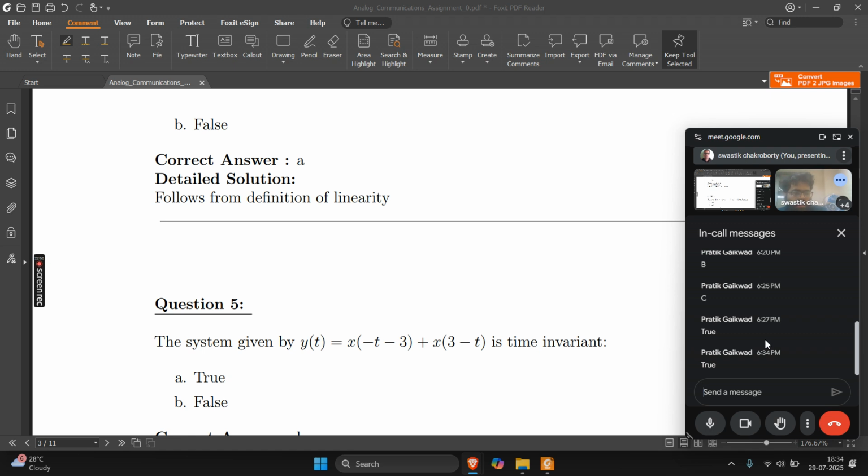Everyone, please, when you have an answer, open your mic and interact, because this is supposed to be an interactive session. It will help me and you if you interact with me. So please open your mic and state the answer rather than writing in the chat box, because I have to show an interactive session. Pratik? Yes, sir.